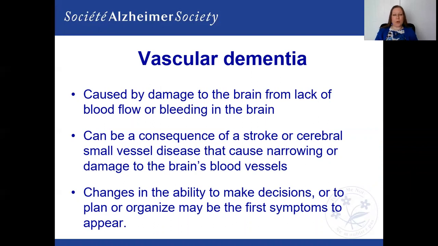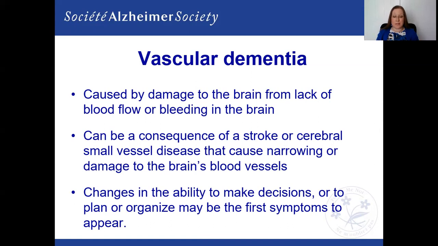So in order for our brain to function properly, it needs a constant supply of blood and oxygen through a network of blood vessels that is referred to as the vascular system. And when the blood vessels are blocked, or if they do bleed, oxygen and nutrients are prevented from reaching cells in the brain.